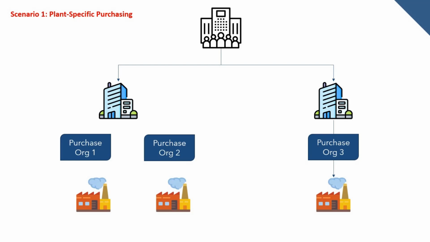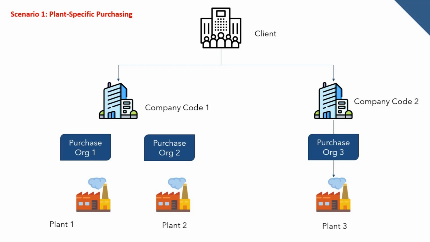So in this first scenario, which is plant-specific purchasing, you can see the purchasing organizations are shown. For example, here you have purchase org 1, which is only responsible for purchasing for plant 1, and you have purchase organization 2, who is only responsible for plant 2.